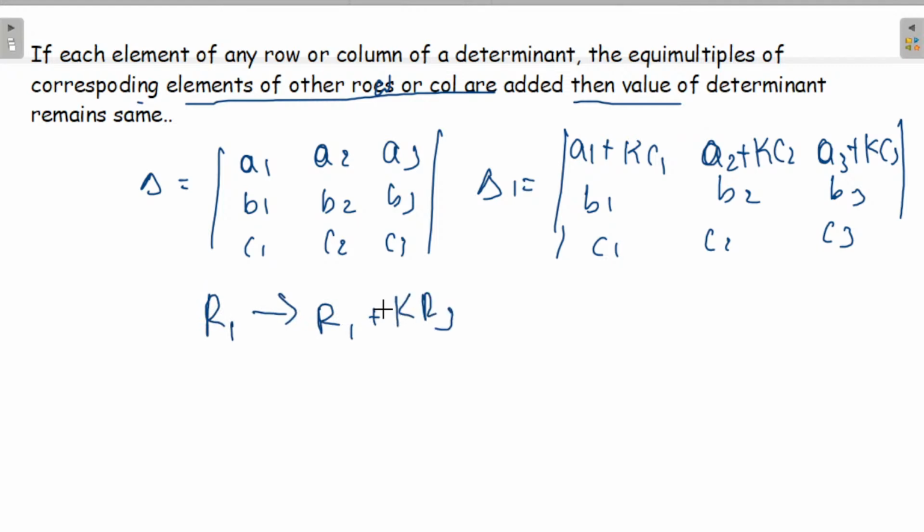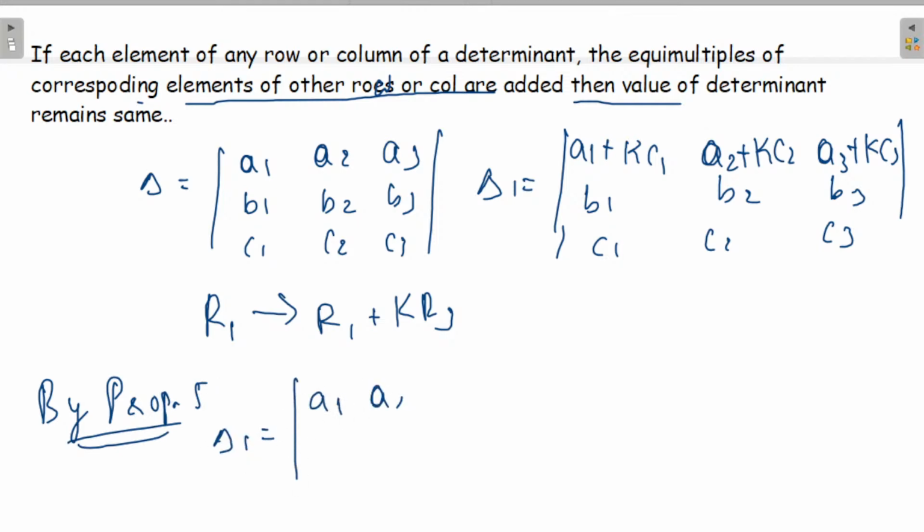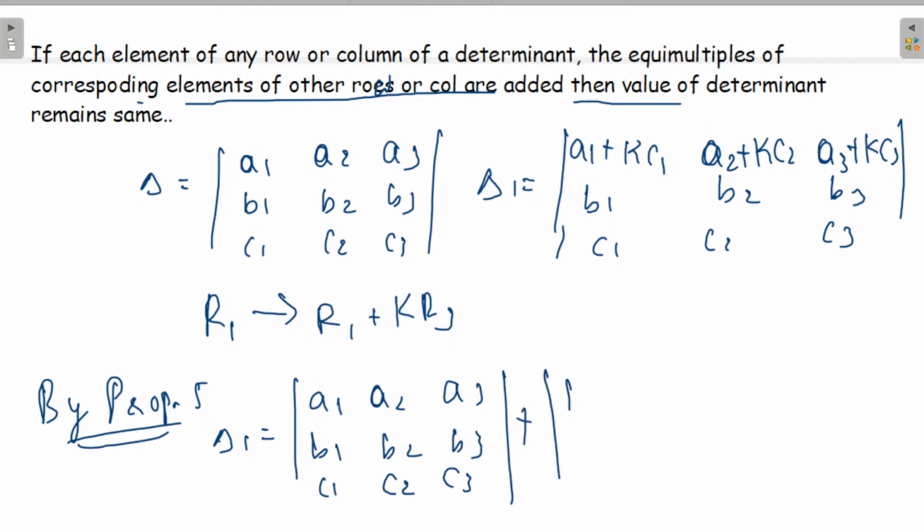Now we will apply property number 5. By property 5, you can write this delta 1 as the determinant a1, a2, a3, b1, b2, b3, c1, c2, c3 plus the determinant kc1, kc2, kc3, b1, b2, b3, c1, c2, c3.